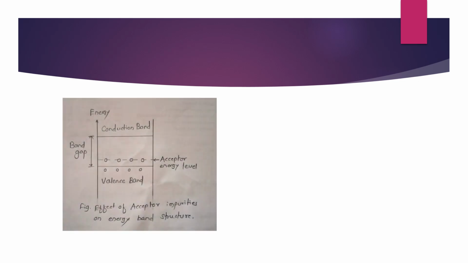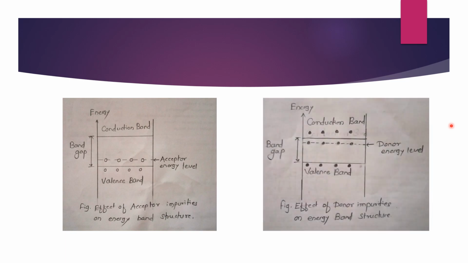Please see. We'll discuss the energy level of this: the effect of acceptor impurities on the energy level. What we have seen in the donor, let's compare quickly. The energy level was here because of free electrons. Now the energy level is here because of free holes.